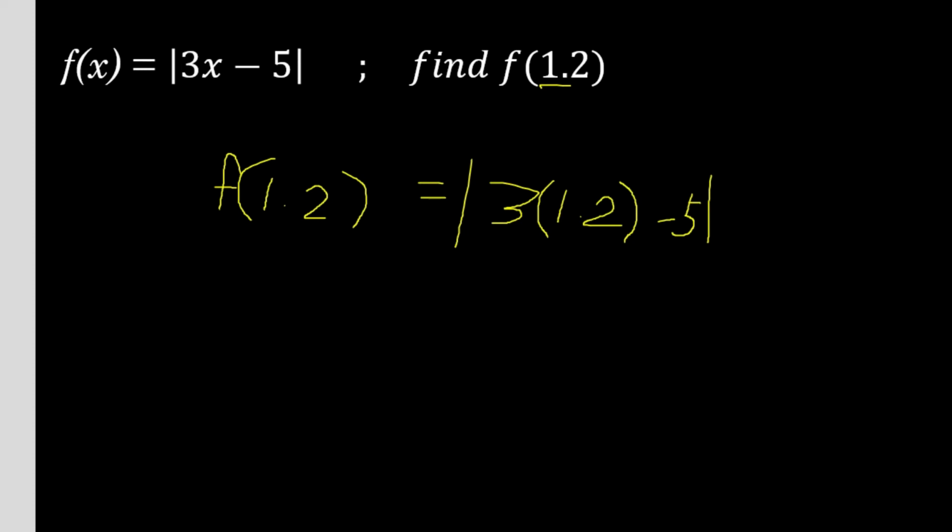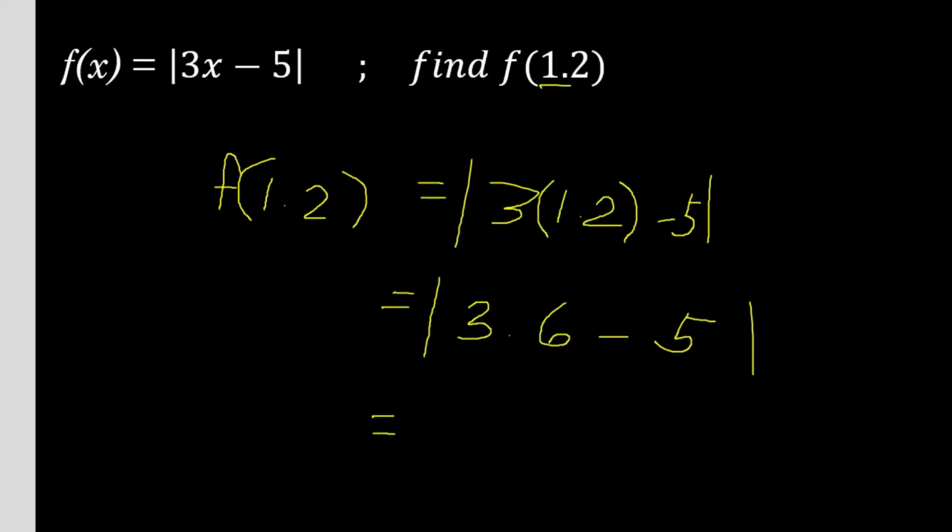Okay, so let us simplify this one. We have the absolute value of 3 times 1.2, which is 3.6, minus 5. Just bring down negative 5.